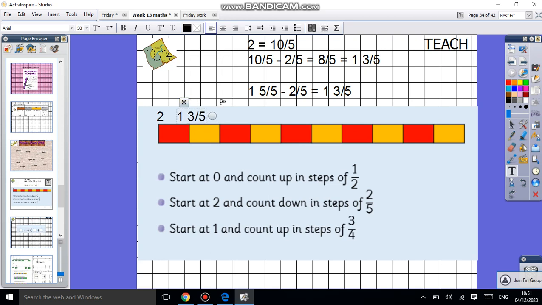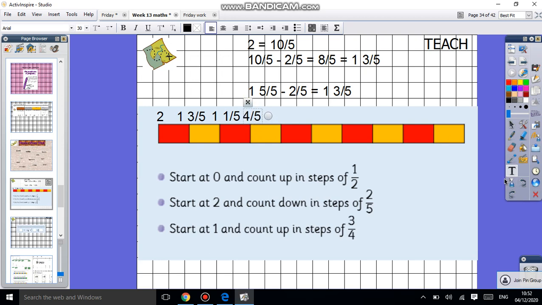If I would then take another 2/5, I would have 1 and 1/5. Okay, and then if I were to take away another 2/5, I'd go down from 1 and 1/5 to 1, and then from 1 to 4/5. And I would keep on going until I hit 0.